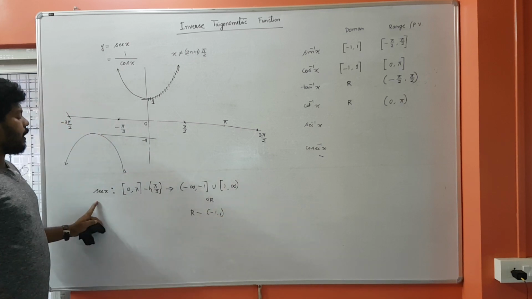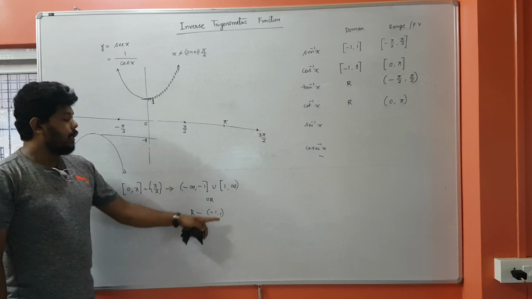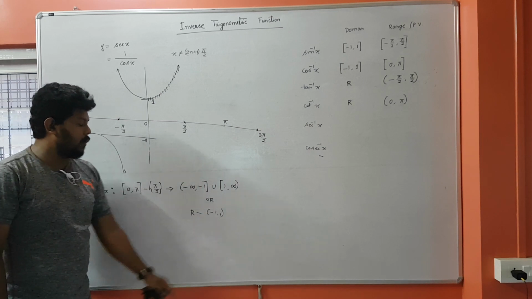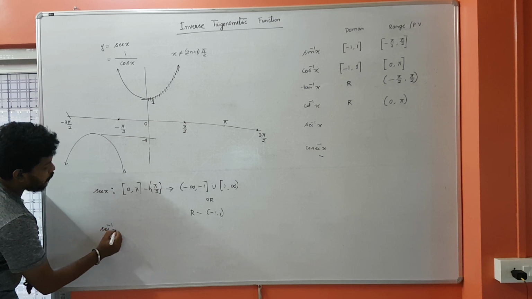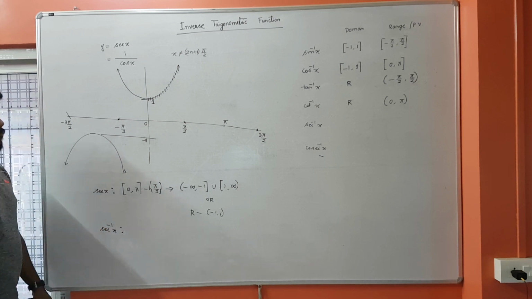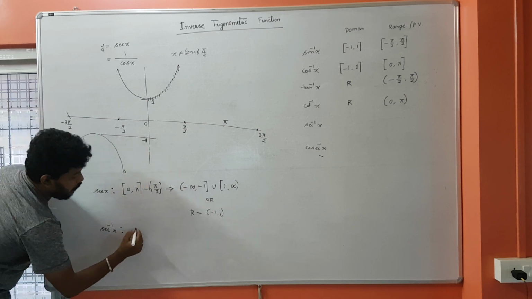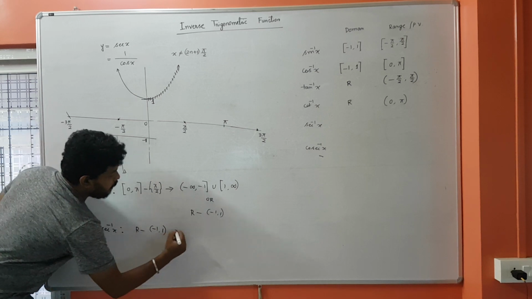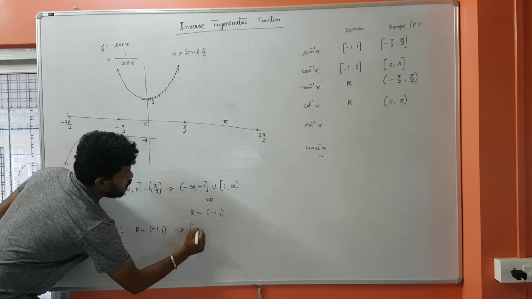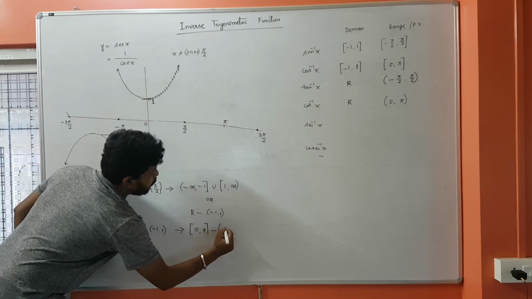Therefore, for sec x, the domain is this and the range is R minus the interval minus 1 to plus 1. If I define a function sec inverse of x, then we will switch the range and domain. It will be R minus (-1, 1) tends to [0, π] except π/2.